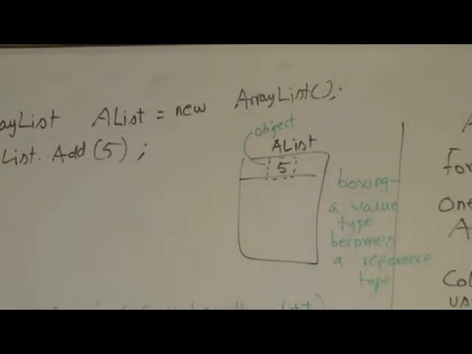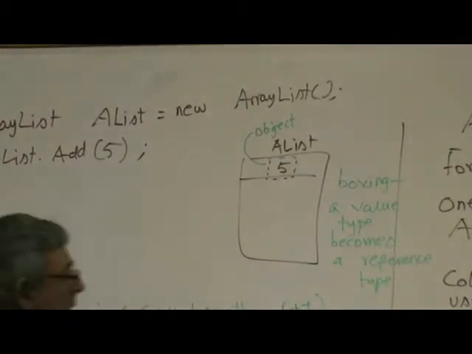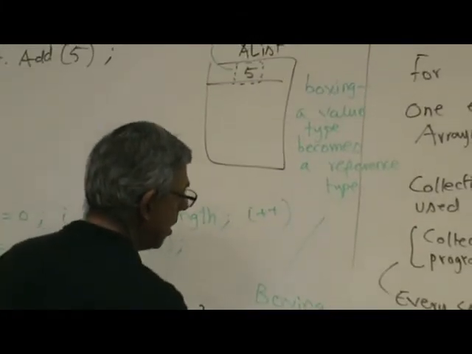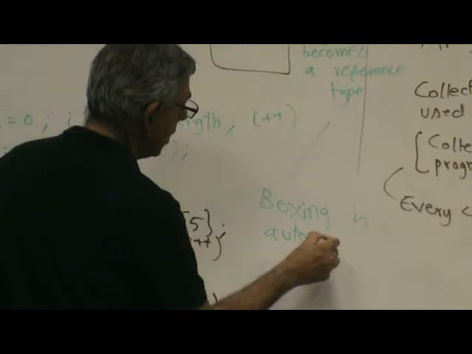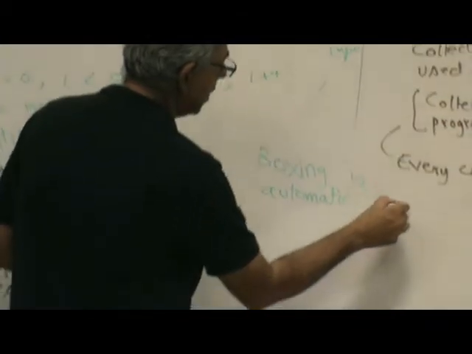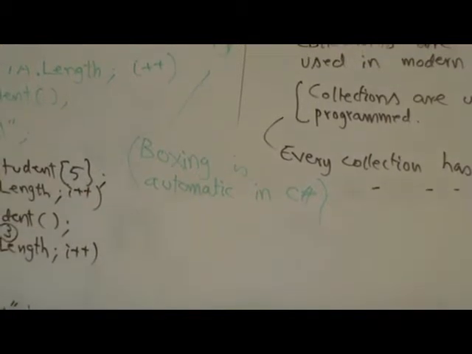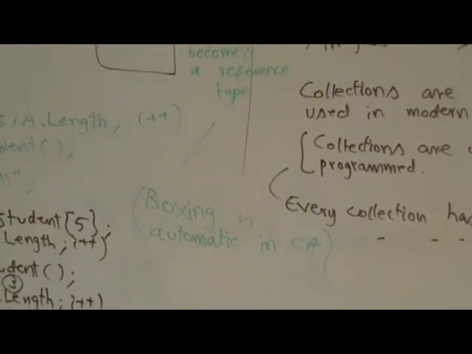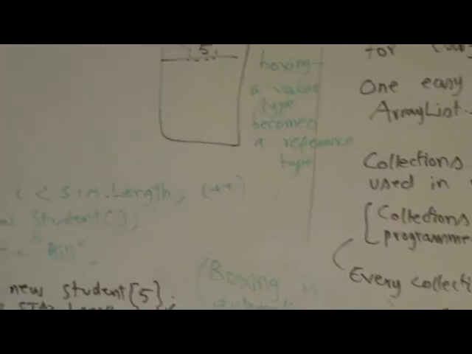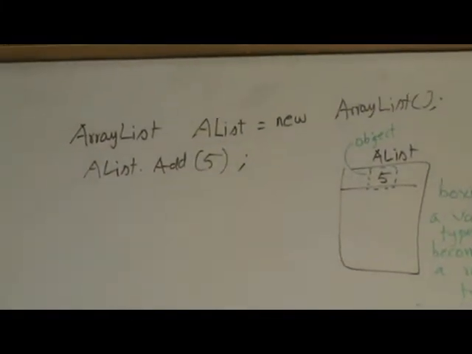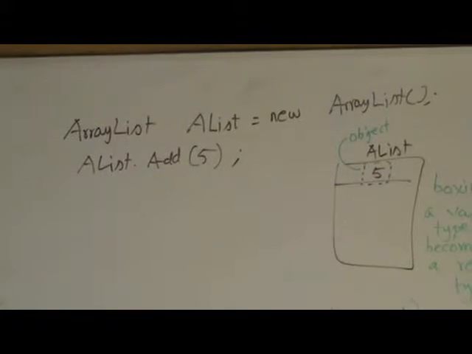Now the key concept to remember is boxing is automatic in C#, meaning you as a programmer do not have to do anything special. All you do is, for example, put it in the array list. Once it goes to the array list, it will automatically become an object.